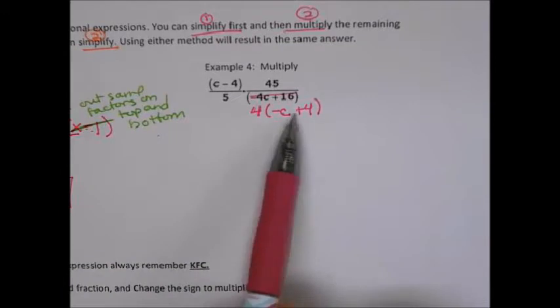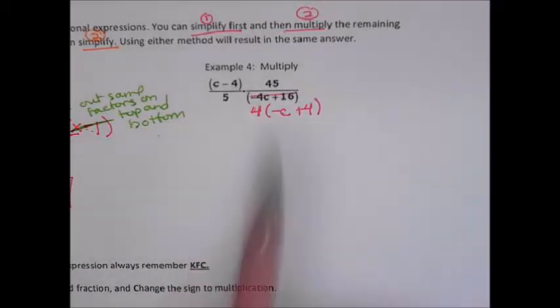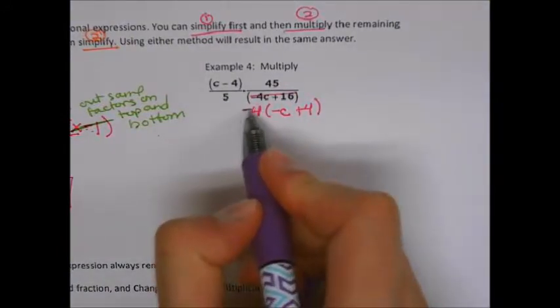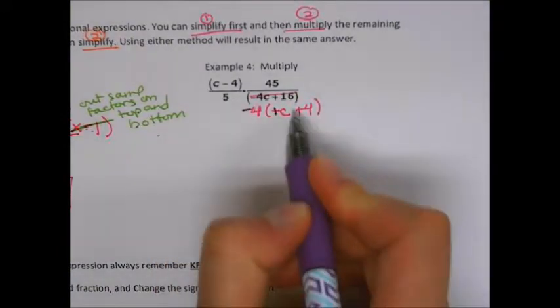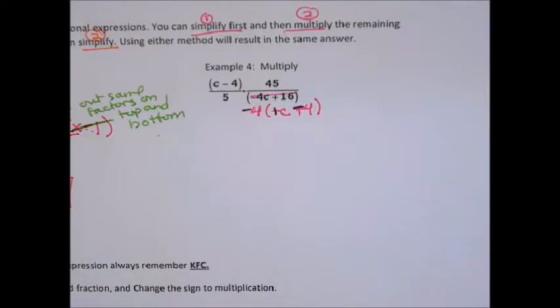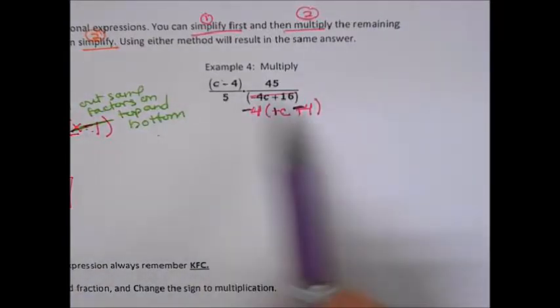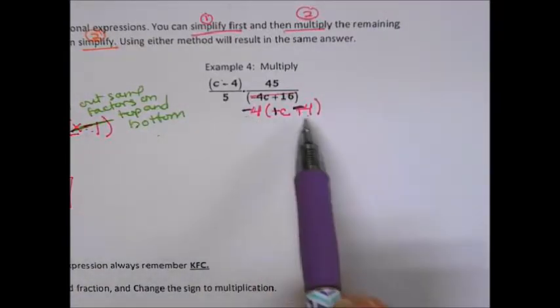Now I notice that these two are very similar. If I take out a negative, that will make this one positive and that one negative, and now they're the same. So I took out the negative in order to make them the same.